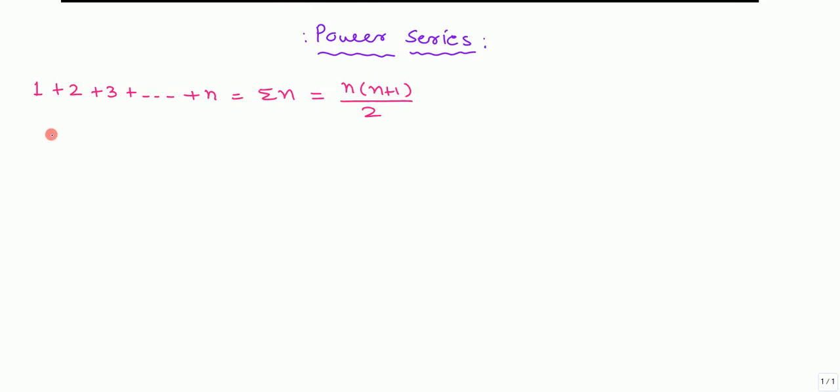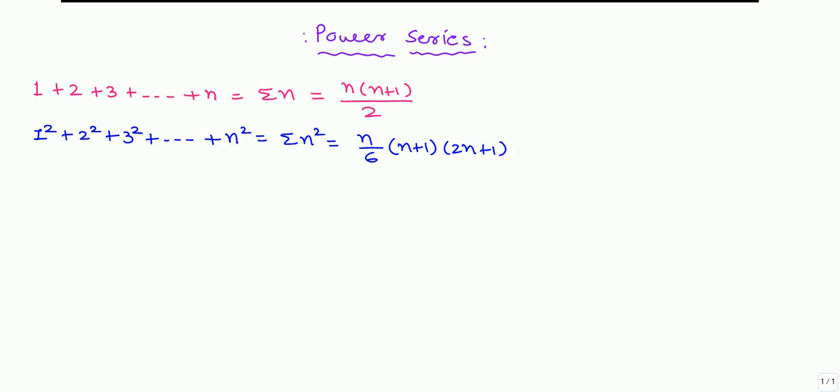Number 2, if 1 square plus 2 square plus 3 square till n square is given, it is equal to sigma n square, and the formula of sigma n square is n by 6 into n plus 1 into 2n plus 1.